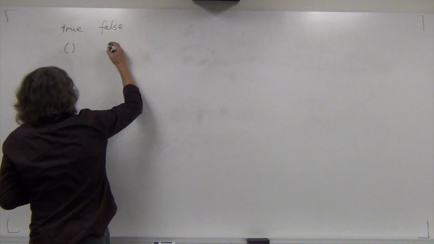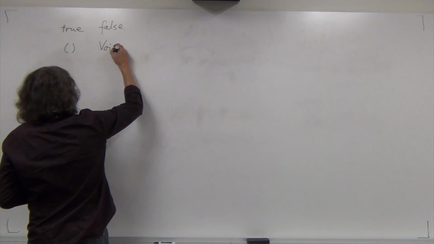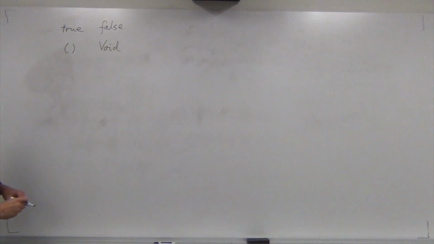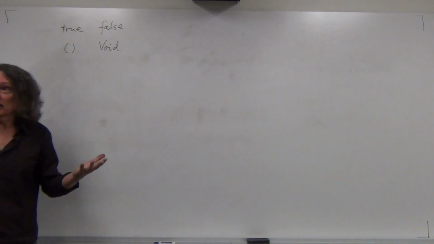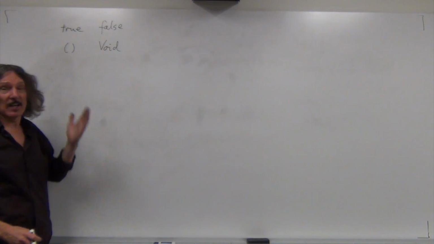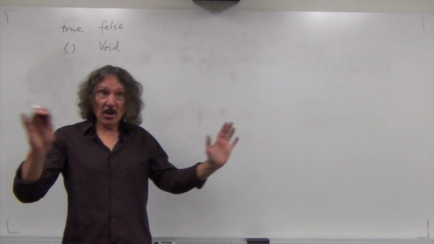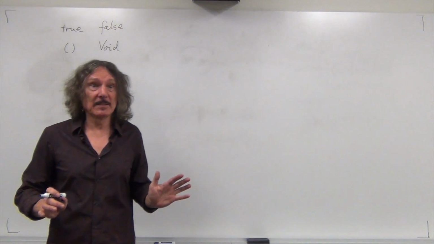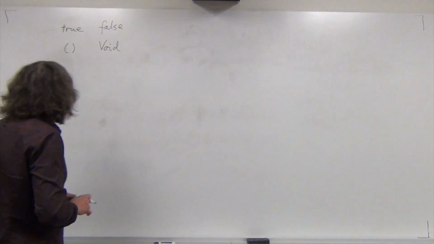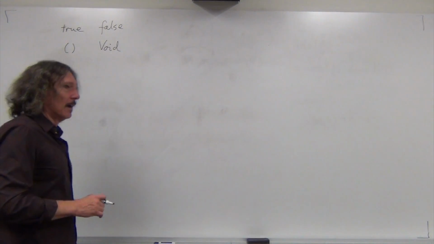False corresponds to void type. Okay? So true corresponds to the unit type, because unit type is always inhabited. It just has one element. So it's like a canonical example of something that's inhabited, right? So that's true, that's false.